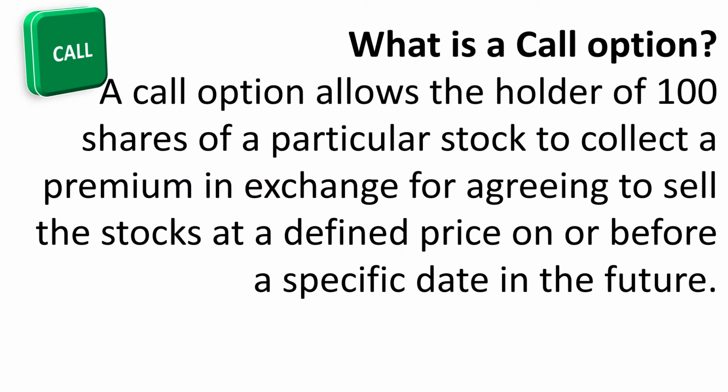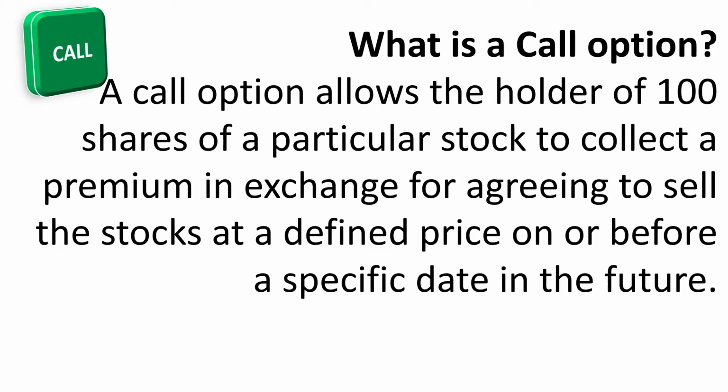So what is a call option? A call option allows the holder of 100 shares of a particular stock to collect a premium in exchange for agreeing to sell the stocks, all 100 of them, at a defined price on or before a specific date in the future. So again, option contracts are usually captured as batches or multiples of 100 units of shares of a particular stock.